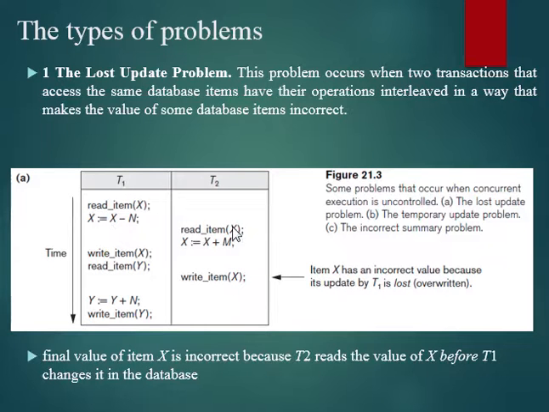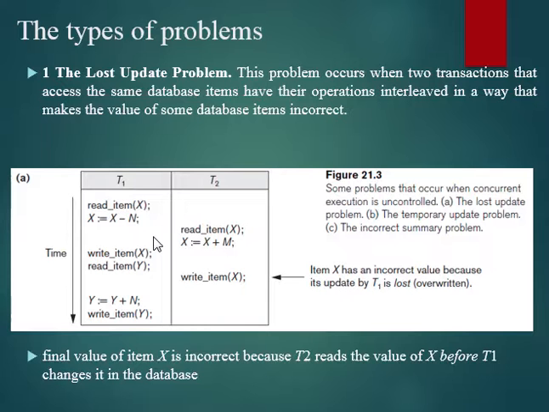reads the value of X. So the actual update done by transaction T1 is lost for T2, because it is not yet in secondary memory when T2 tries to read item X. After T1 updated the value of X, it is not written back, because in order to write it back T1 has to execute write item of X, but before executing write item of X, the DBMS switches the system to T2.